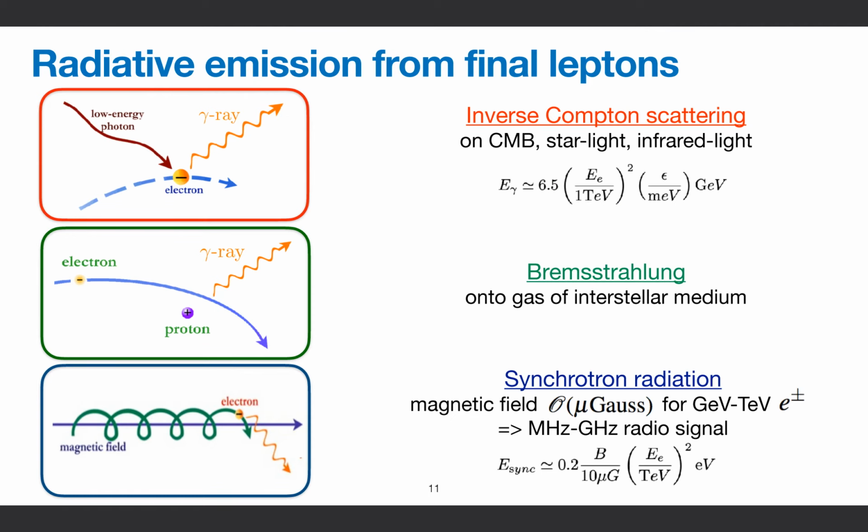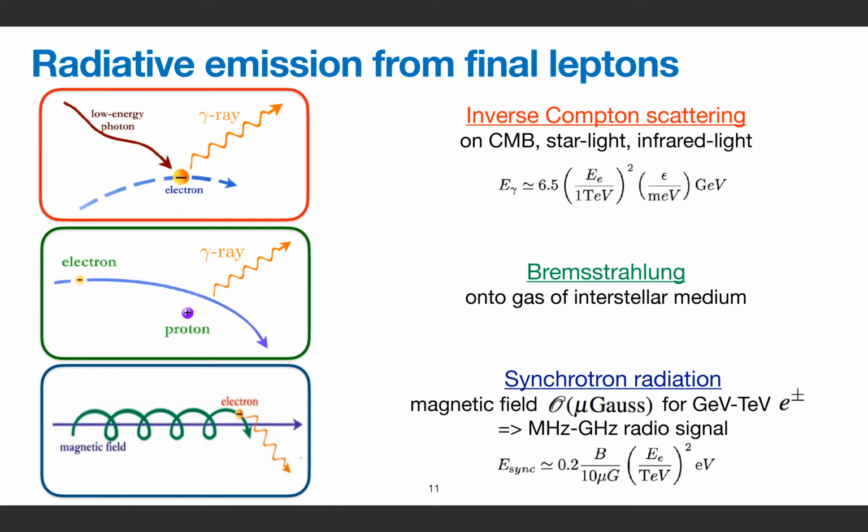If you have dark matter annihilating into final leptons, then you also expect that those interact with the environment, giving some secondary emissions, producing photons. And this can be done, for example, by low energy photons being upscattered by the dark matter produced electrons or positrons up to gamma rays, when the low energy ambient photons come from, for example, cosmic microwave background light, starlight, or infrared light.